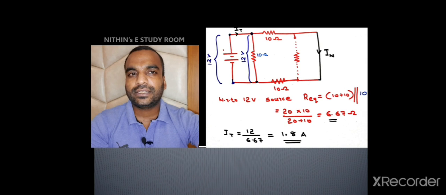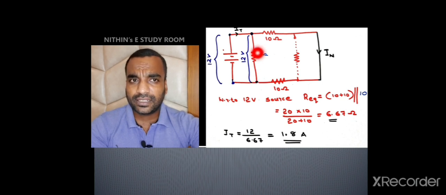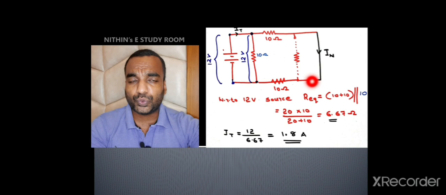Now you can see this branch is in parallel with this branch. What I have said? This 10 ohm branch is in parallel with this branch with two resistors.